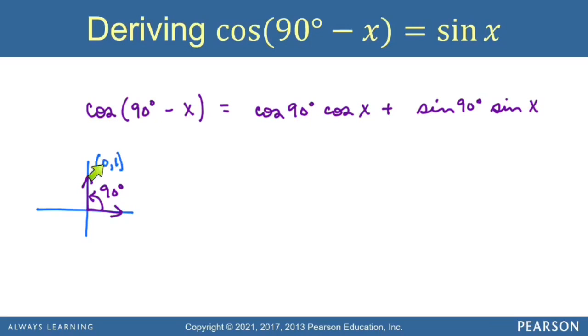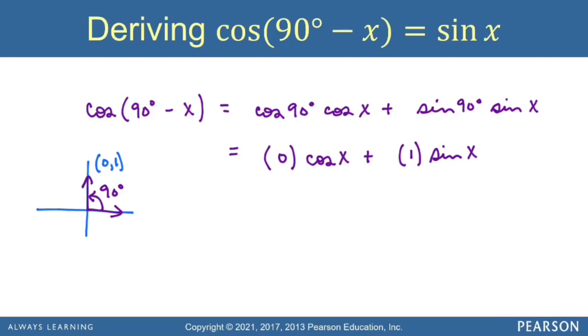So the cosine of 90 degrees is 0, and the sine of 90 degrees is 1. Okay, over here, substituting our known values, cosine of 90 degrees is 0, so we have 0 times the cosine of x, and then plus sine of 90 degrees times sine of x will be 1 times the sine of x.